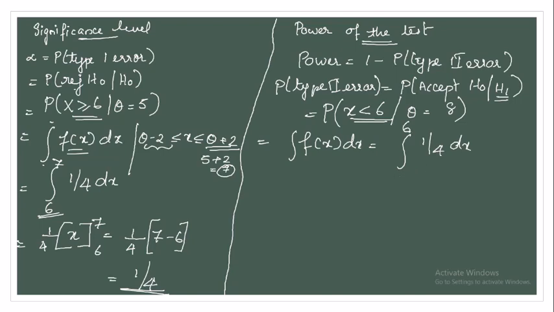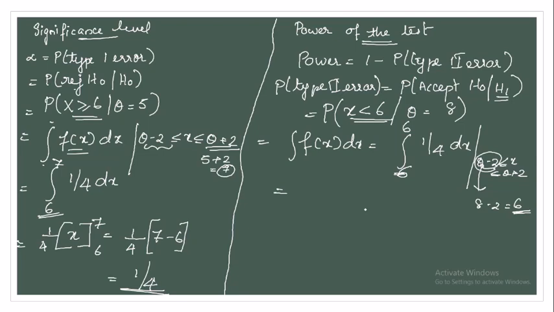What about the lower limit? As I said before, you know the range: theta minus 2 less than or equal to x less than or equal to theta plus 2. So in this case, you have to take theta minus 2 into consideration. 8 minus 2 is equal to what? 6. Instead of theta, you substitute 8 over here, you get 6. So again, this is 6.